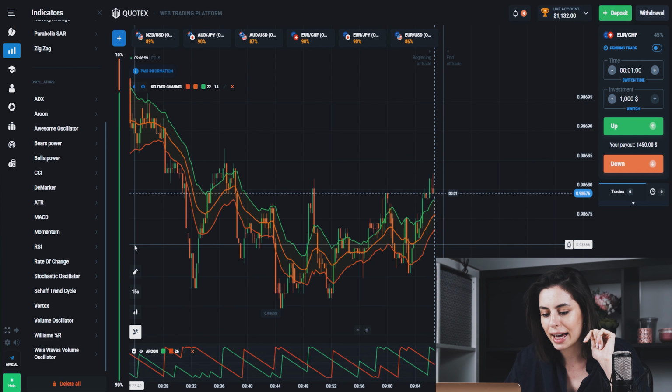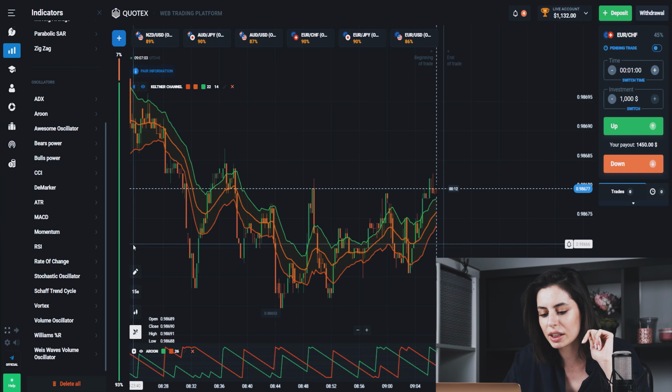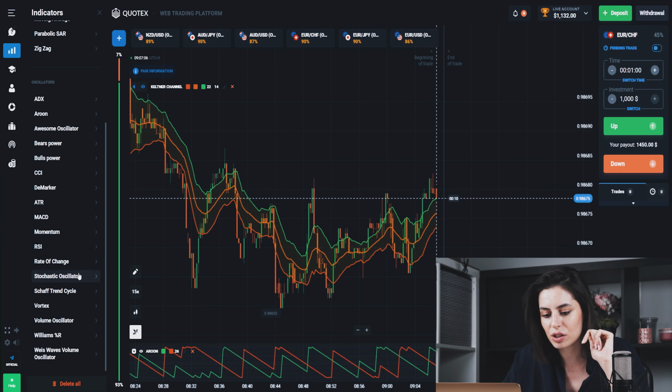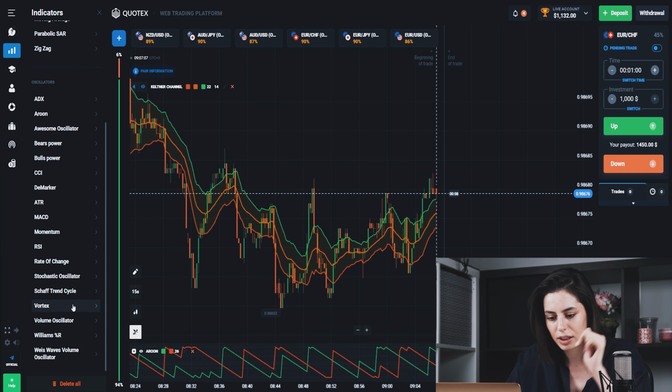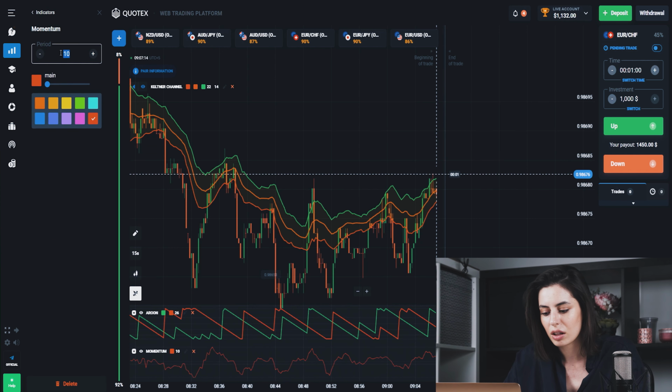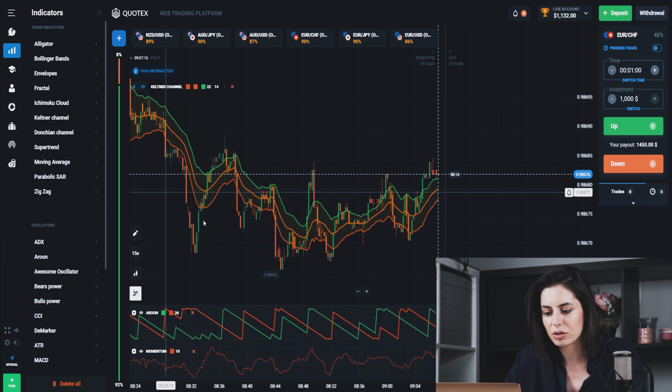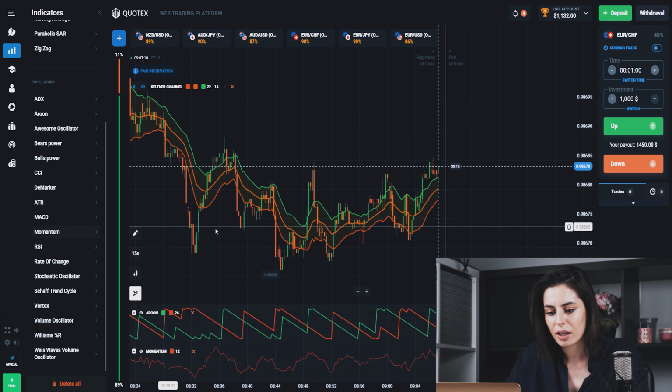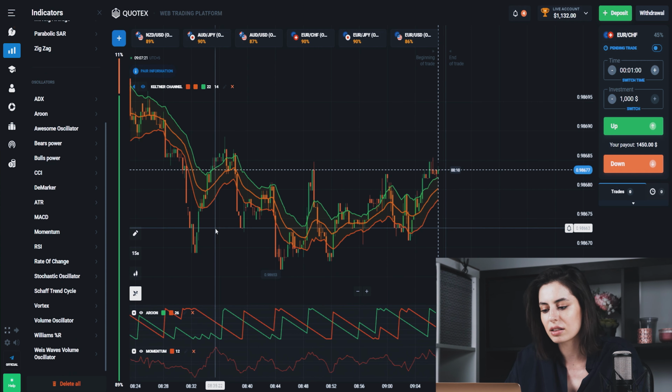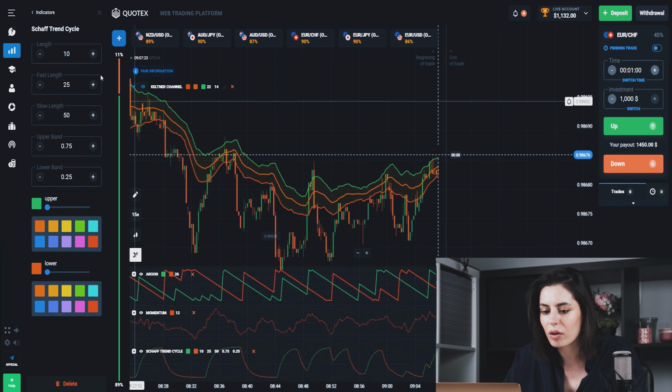What I'm going to add about the Keltner channel here is some more indicators, not only to tell you about the Keltner channel, but to show you how to use it, because it's not quite useful without any additional indicators.